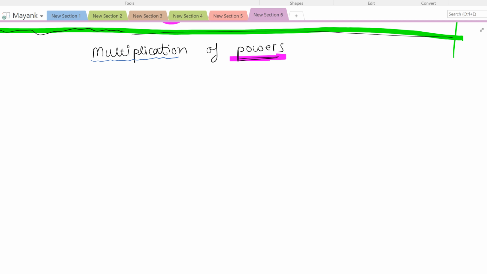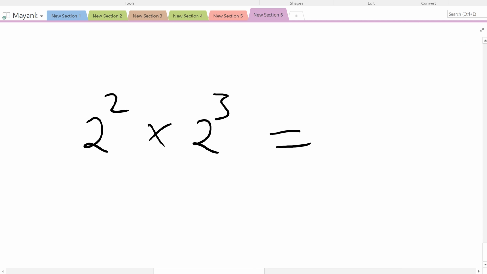Next topic, multiplication of powers. For example, 2 squared multiplied by 2 cubed. If you want to do it without any formula, you simply expand the 2 that many times.